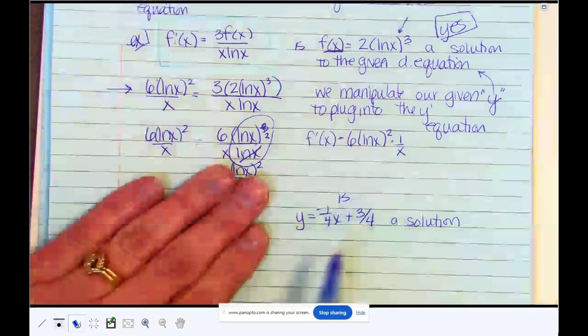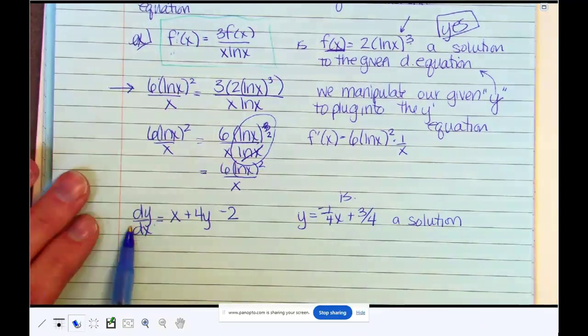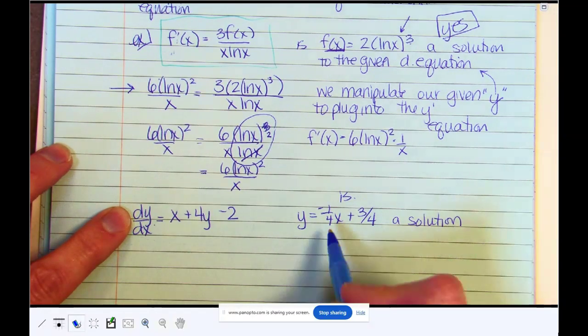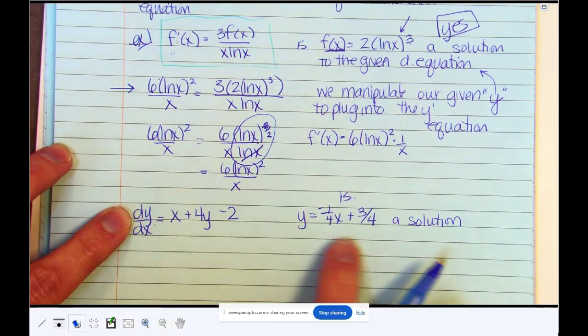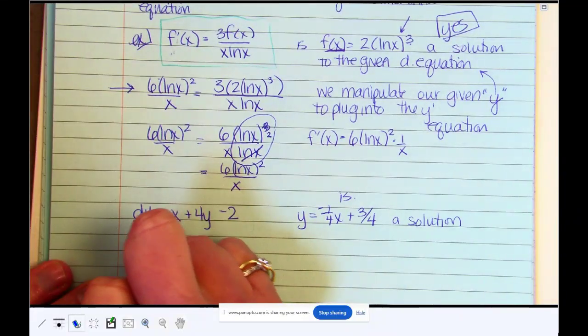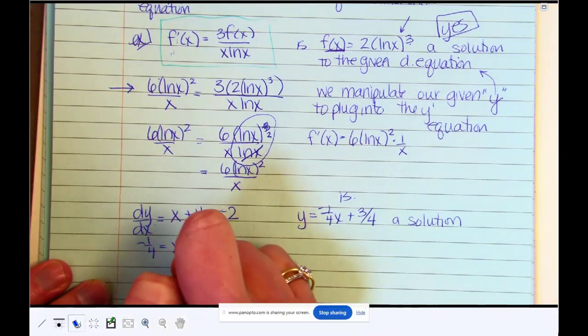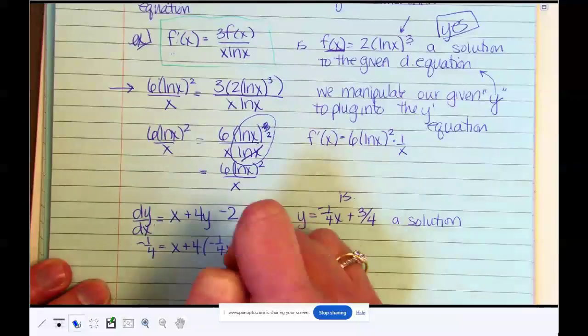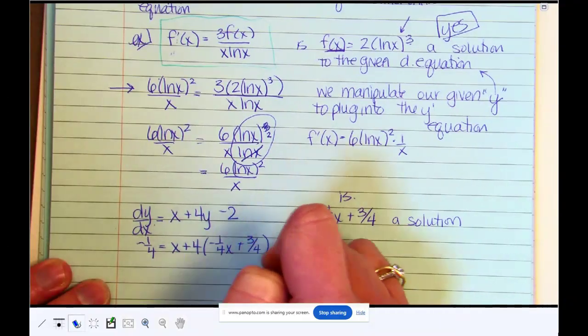So I'm going to manipulate this guy and plug him into this template. So this tells me I need y prime, which is this. Okay, dy dx of y prime. So y prime is, this is a linear thing. The derivative is negative 1/4. Negative 1/4 x plus 4, negative 1/4 x plus 3/4 minus 2.